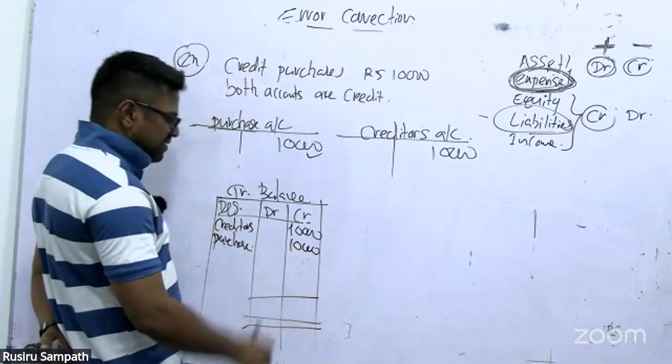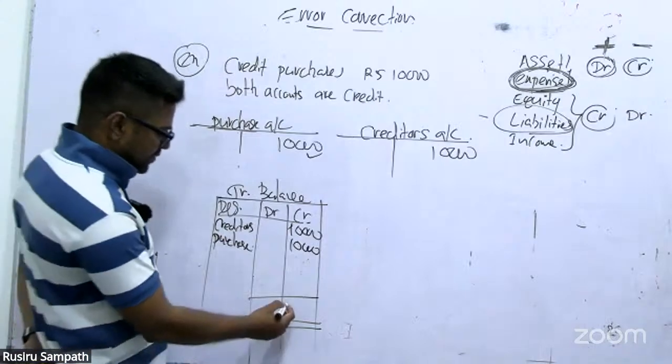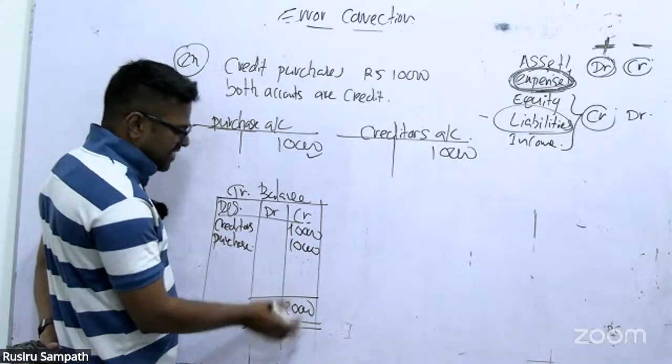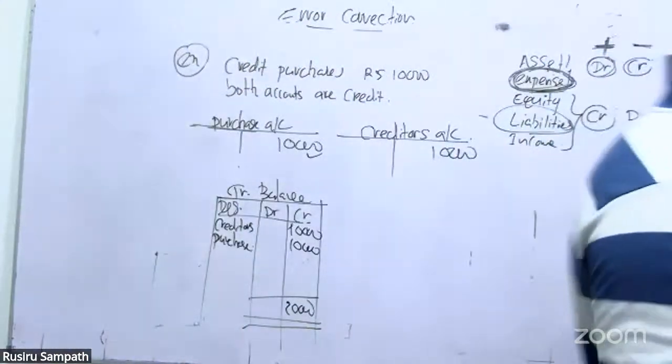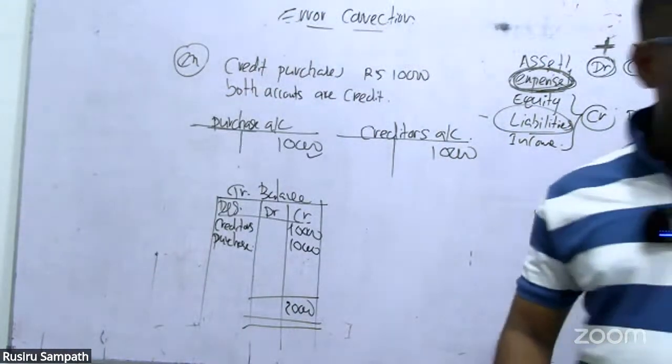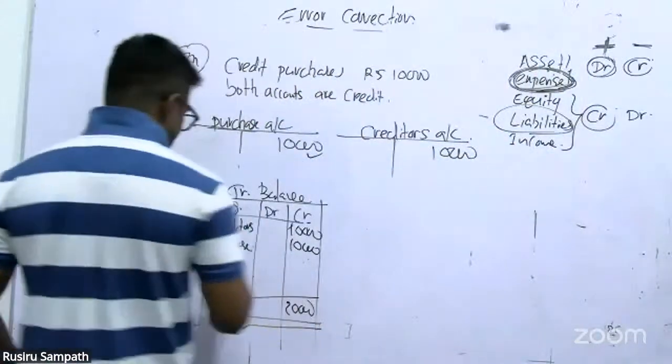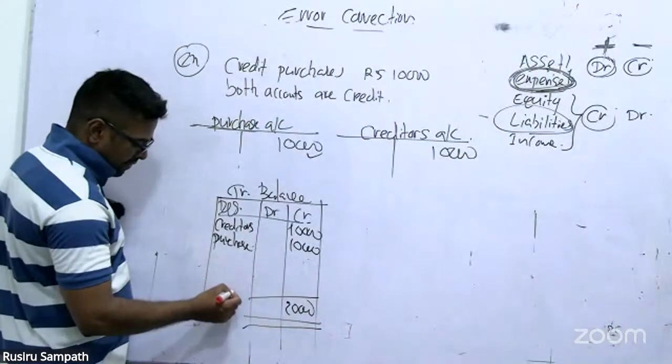Now the total in the trial balance is 20,000, but it is not balanced. The difference is created on the debit side.